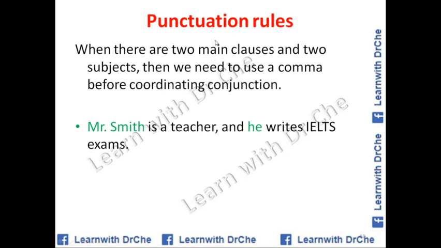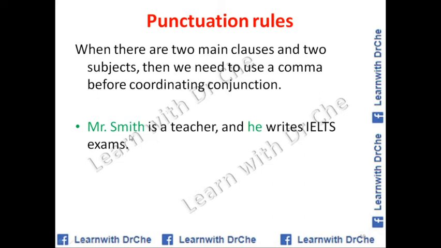Punctuation rules are very important with compound sentences and with the conjunctions. So the first one is, when there are two main clauses and two separate subjects, then we need to use a comma before the coordinating conjunction. Mr. Smith is a teacher, and he writes IELTS exams.